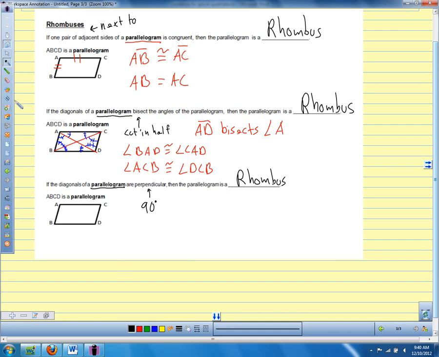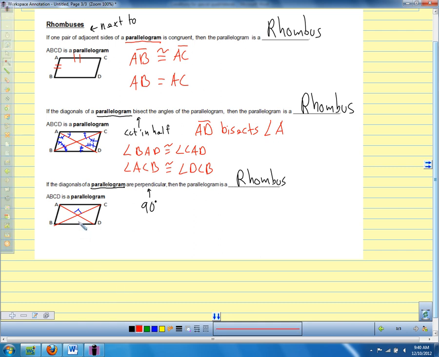So if I draw my diagonals in here, if I drew on my diagram, even though it doesn't look that way, this little square for a 90-degree angle, that would tell me that those are perpendicular, even though they don't look like it.